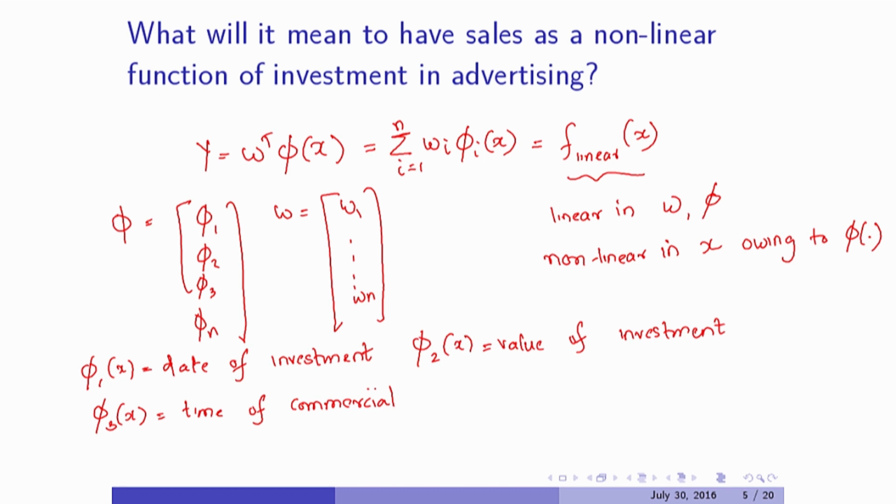You could also look at the duration of commercial and so on. So possibly my y indeed turns out to be a linear function of x mapped in this somewhat non-linear space. Well, it's linear in the phi's in the eventual space, but non-linear in the x.